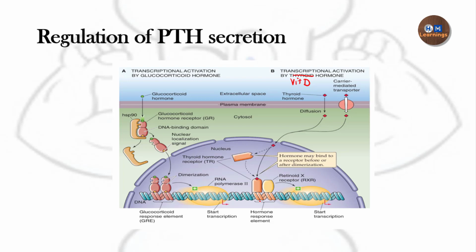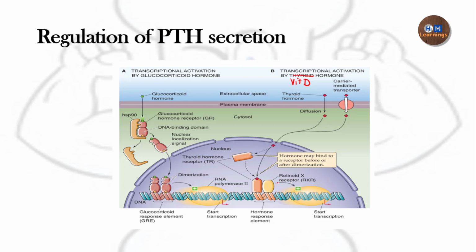the hormone response element. Now if you remember the video on cortisol, there is homodimerization, meaning the same thing is required for the dimerization. Homo means same, but here the dimerization is not homo, it is hetero. The other thing which came here is the retinoid X receptor.